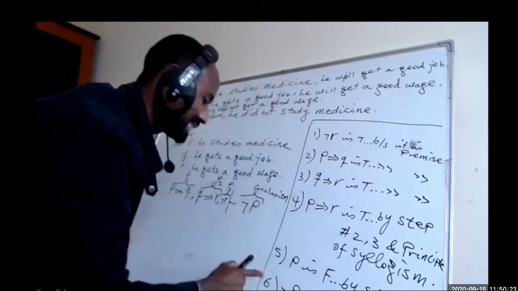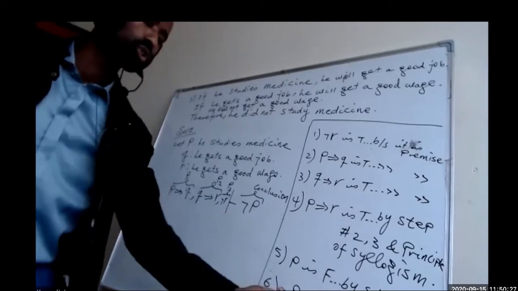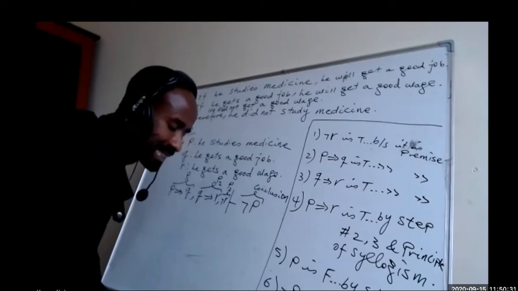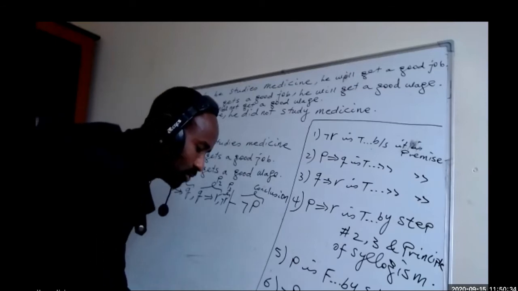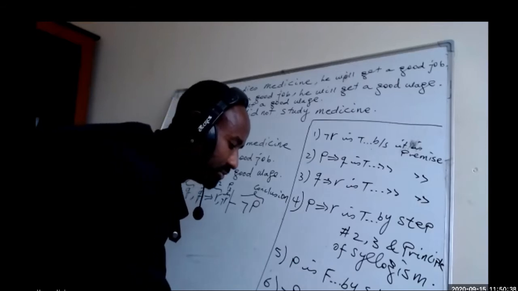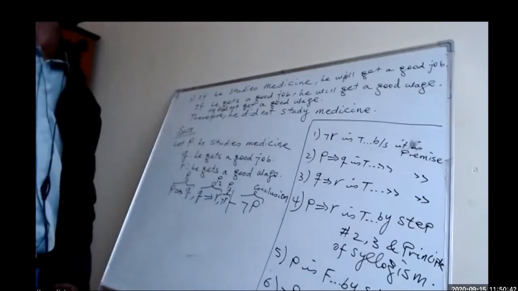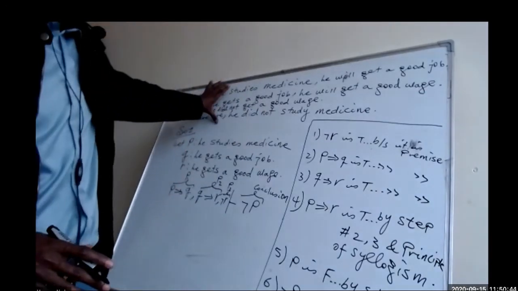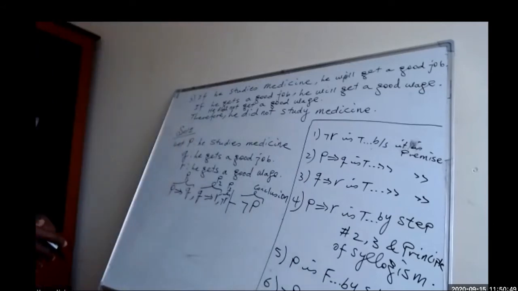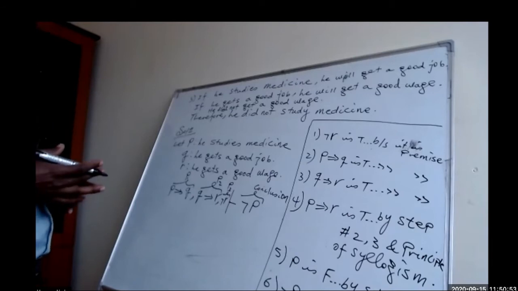But step number 6 indicates that negation of P is the conclusion, and the conclusion is true. Therefore the argument is still valid. So we have concluded that the argument given by this English statement is valid. So we have got a valid argument once again.